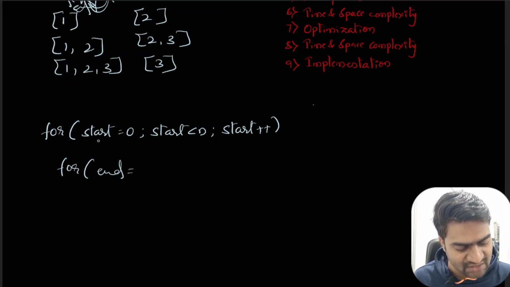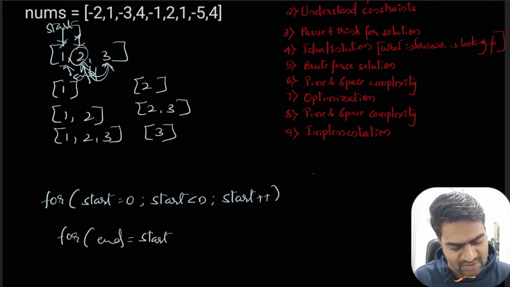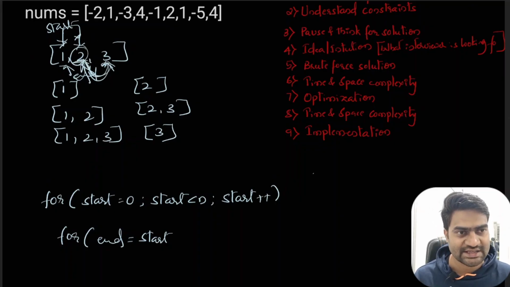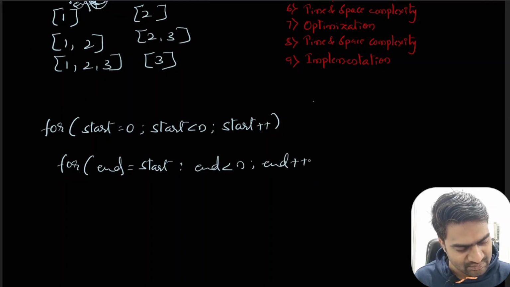It will start from the start index, because you saw, right? Whenever we consider this number for the iteration, then we started from this number itself. Then we moved on to the next number. So then end less than n, end plus plus.